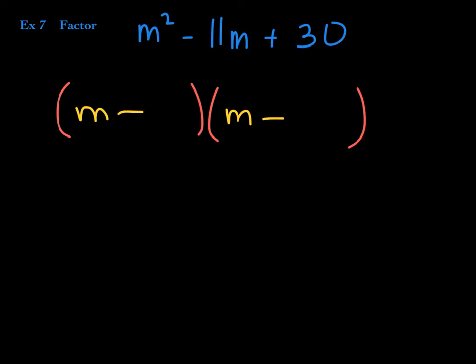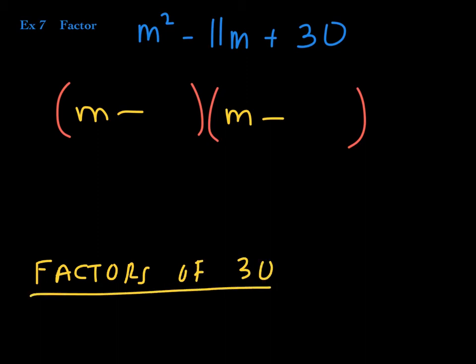Next, what you want to think about are factors of this last number, factors of 30, and you're looking for factors of 30 that will sum or add up to the middle coefficient, negative 11. So let's go for it. Now you know both of your factors are negative.